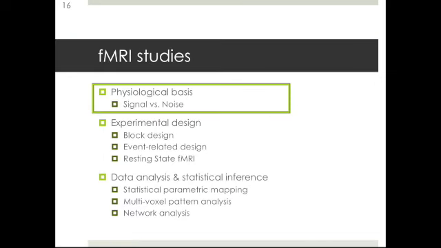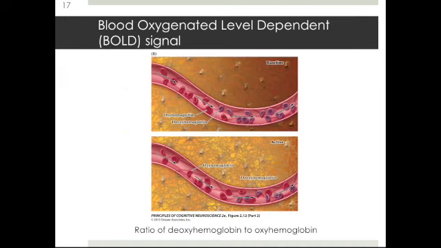So we'll talk about a lot of aspects of functional MRI studies. First, we'll talk about the physiological basis of how we come to measure the signal within functional MRI compared to its background noise. So fMRI depends on BOLD signal. BOLD stands for blood oxygenation level dependent signal.